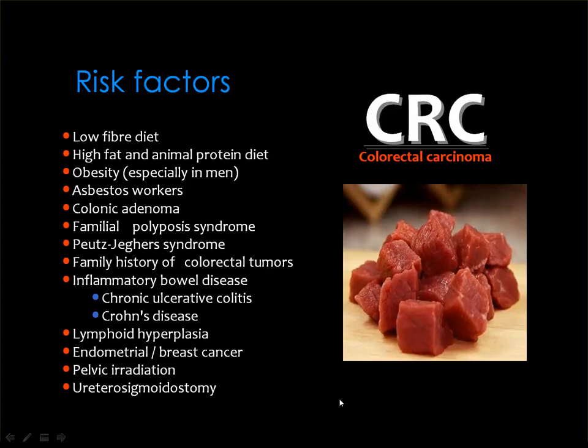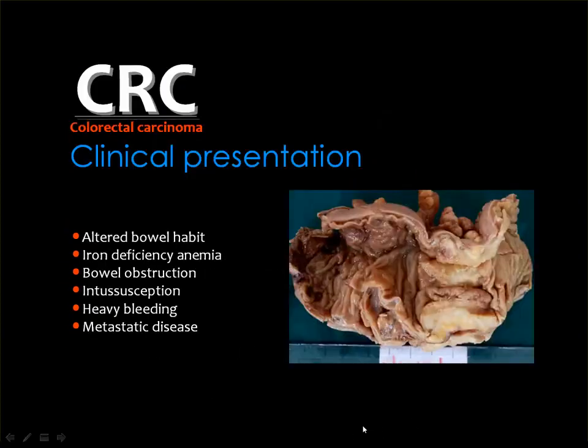There is a long list of risk factors that can predispose to the development of colorectal cancer, including the low fiber diet, the high fat and animal protein diet, obesity, asbestos workers, colonic adenoma, familial polyposis, Peutz-Jeghers syndrome, history of colorectal cancer in the family, inflammatory bowel disease, and other factors.